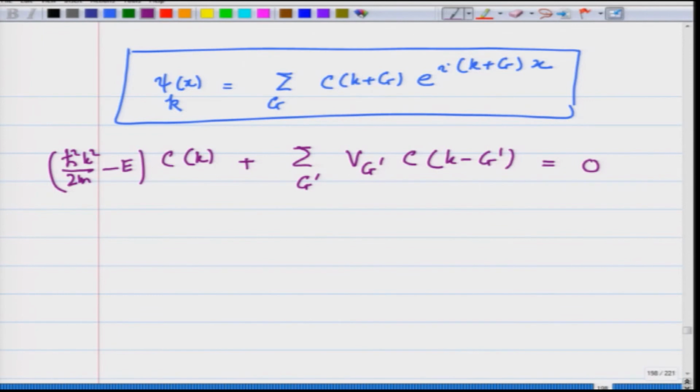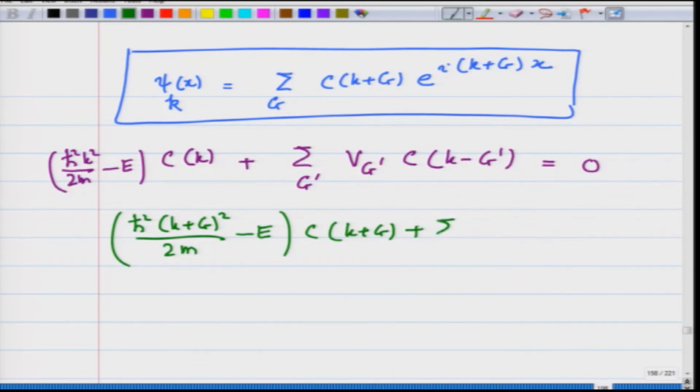This equation can also be written for each other c_(k plus g). So, I can write (h cross square (k plus g) square over 2m minus E) c_(k plus g) plus summation over g prime V_g prime c_(k plus g minus g prime) is equal to 0. Again, at g prime equals g, the c_k will come here.